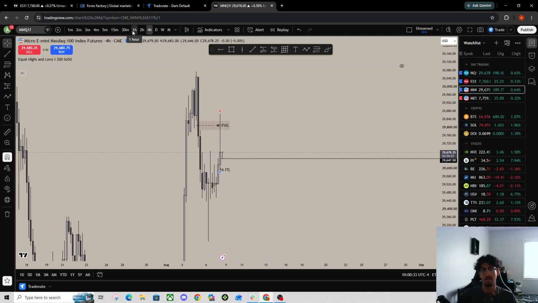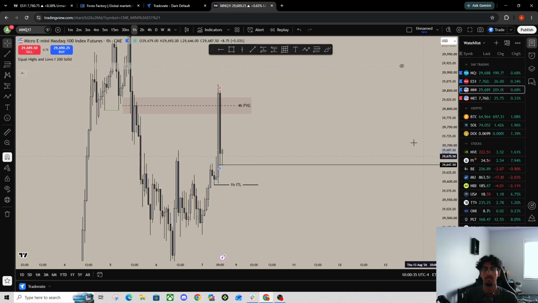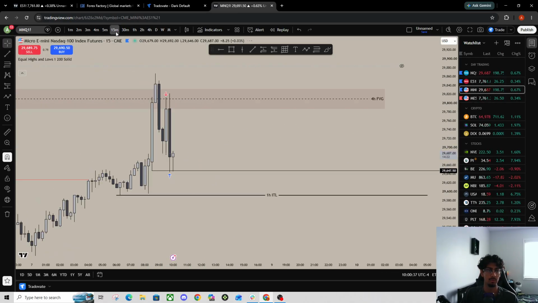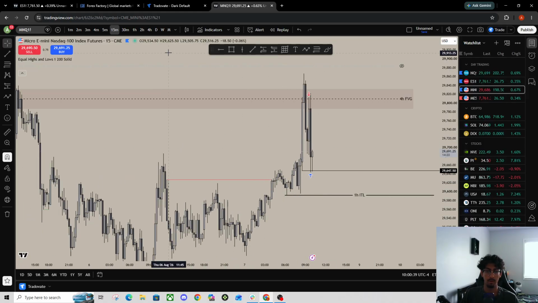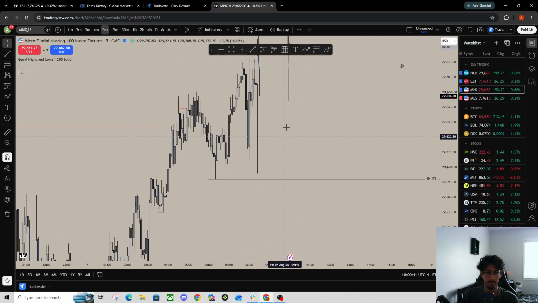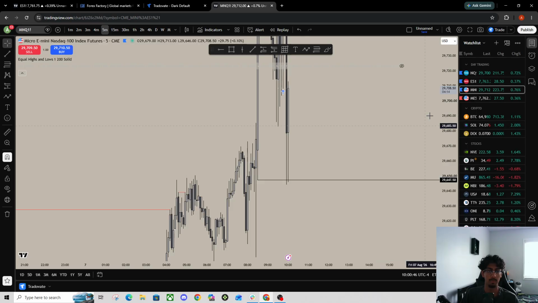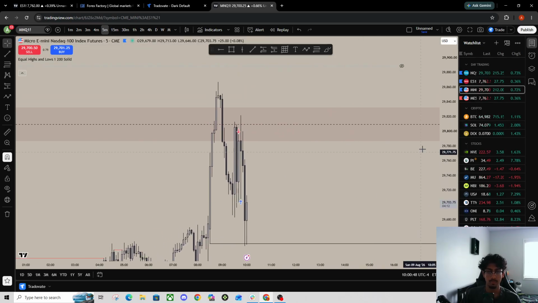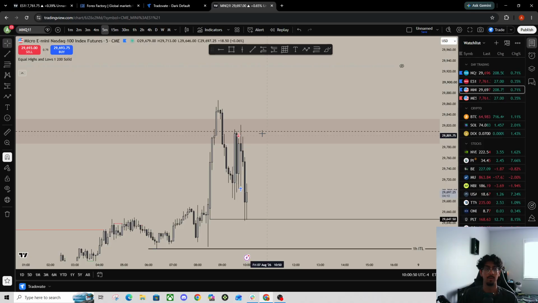I just wanted to catch a lower time frame reversal to all of this LR over here on the 5-minute and the data low. So data low, this low, this low. That's what I was mainly looking for.